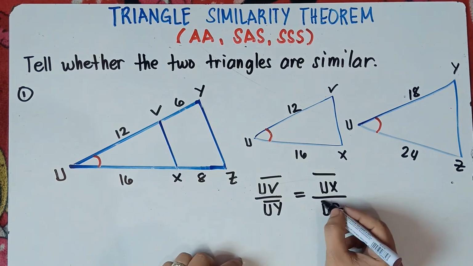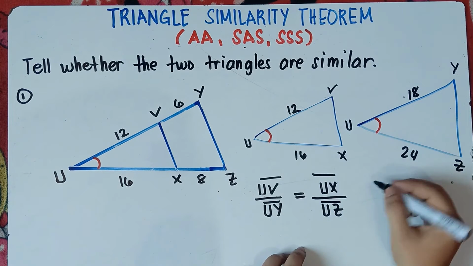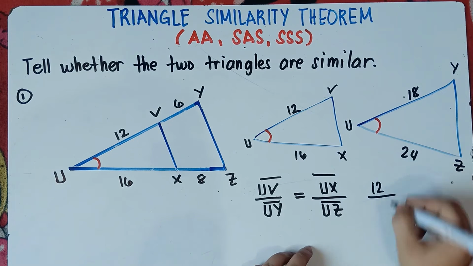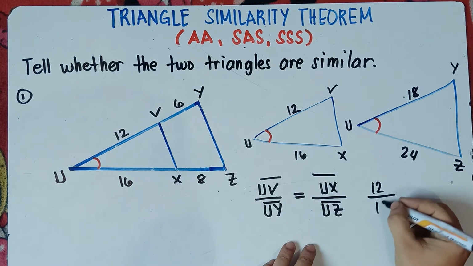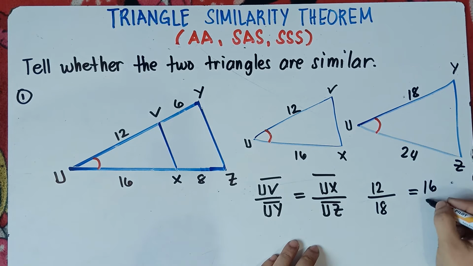So let's check if they have the same answer. UV, that is 12, over UY, that is 18, is equal to UX, that is 16, over UZ, that is 24.